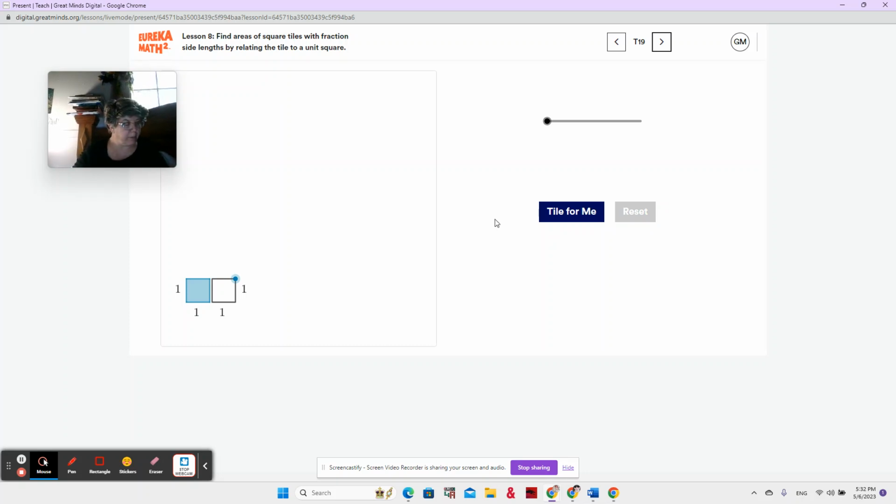So how many square tiles with side lengths of 1/2 did we need to cover 1 unit squared? It's not letting me do it with 1/2 here for some reason.